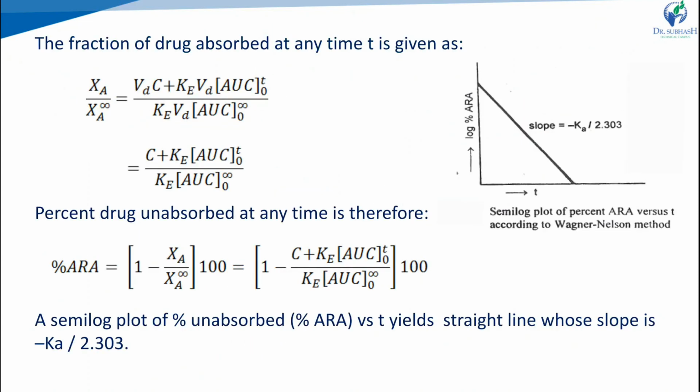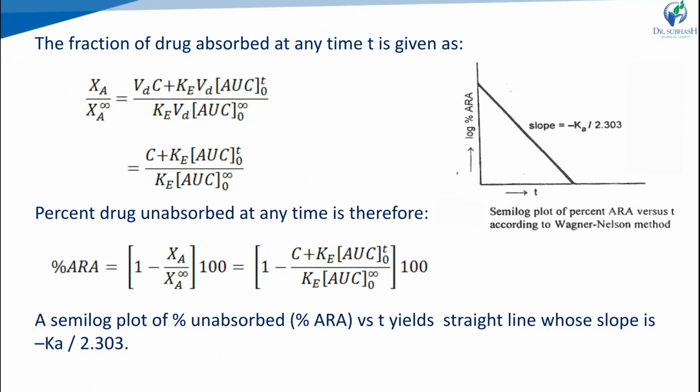Now the fraction of drug absorbed at any time t is given by the ratio of Xa upon Xa infinity. Their values we have to put from the previous equations. So Xa is equal to Vd into C plus Ke into Vd into AUC 0 to t, and for Xa infinity we put the value from the previous equation: Xa infinity is equal to Ke into Vd into AUC 0 to infinity.